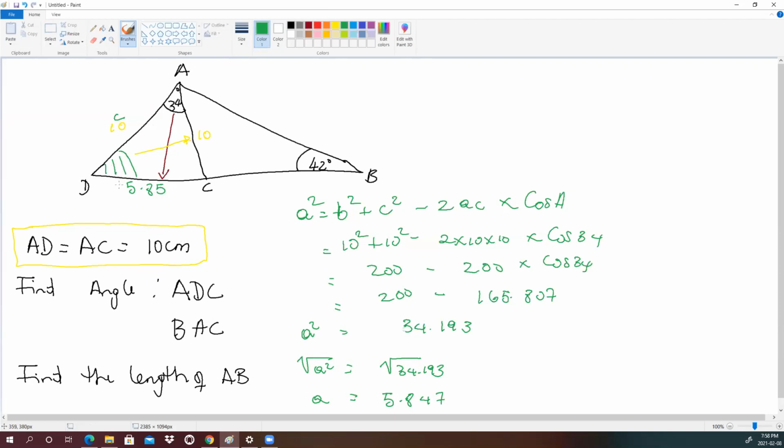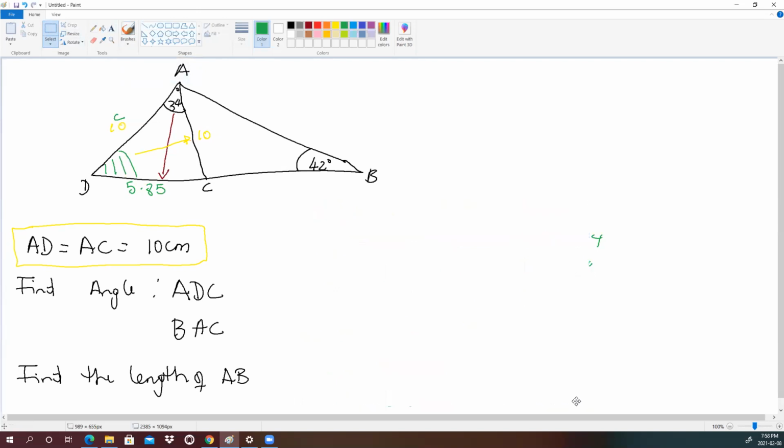Miss, now we can use the sine rule. Great. Hold on. Can I erase this? I don't have enough space. Yes, miss, you can erase it because we have that already. So sine A over sine A equals B over sine B. Right?